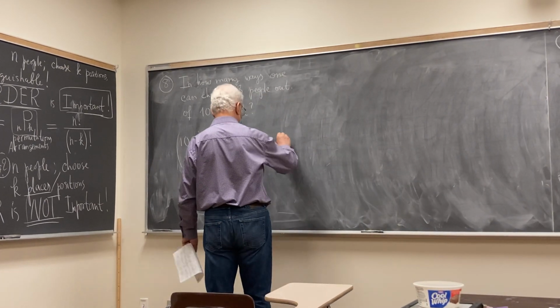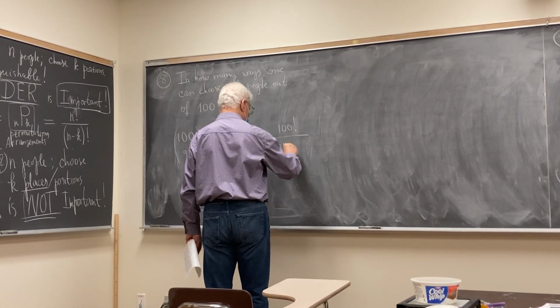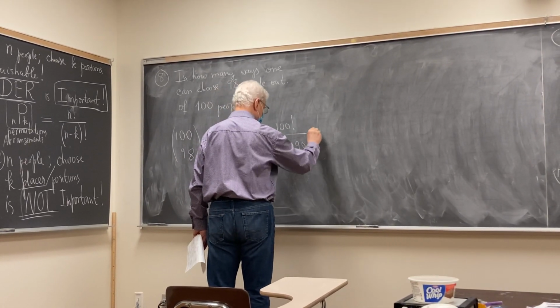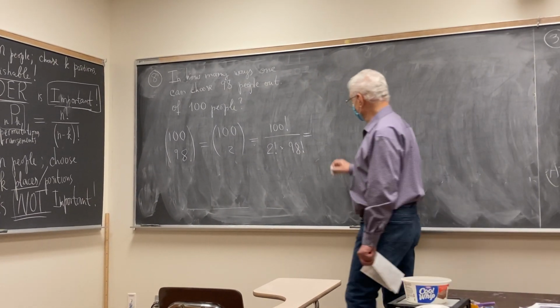It equals 100 factorial divided by 2 factorial times 98 factorial. Huge numbers, but actually it's very simple.